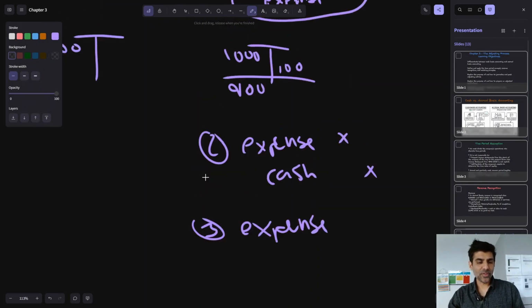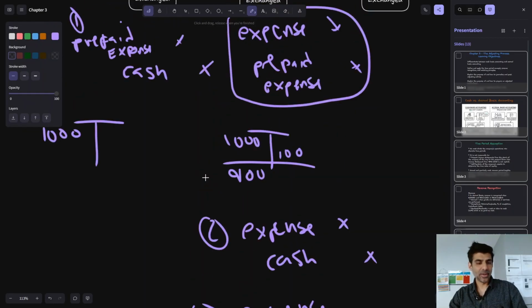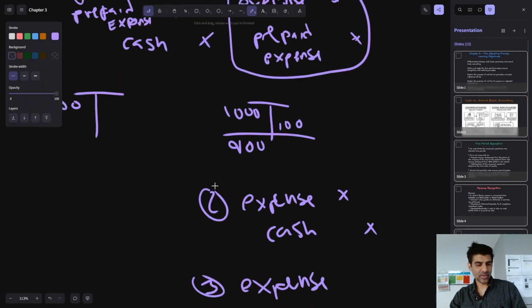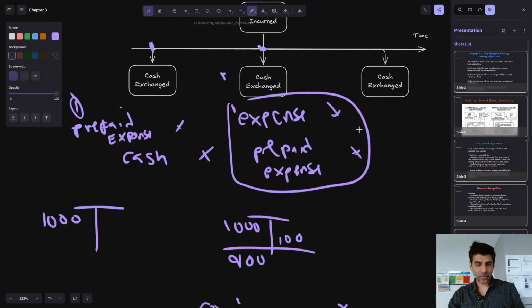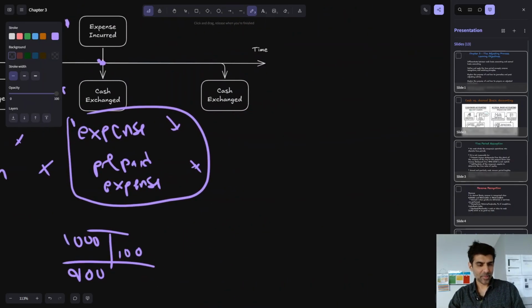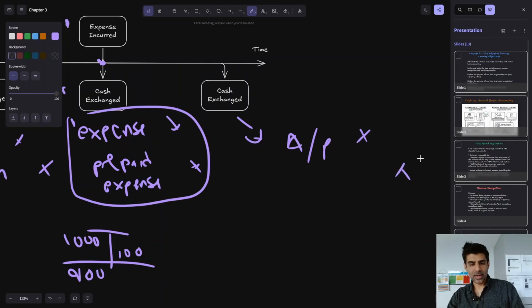So just like with the revenue, where I credited revenue every time, you can see here, expense, expense, expense. So I'm always gonna debit expense when I incur it, but now I'm gonna pay it later. So what do? Accounts payable, exactly. And then when I actually pay off the accounts payable, at this time, I'll get rid of the accounts payable. I'll debit it, and I would credit cash.